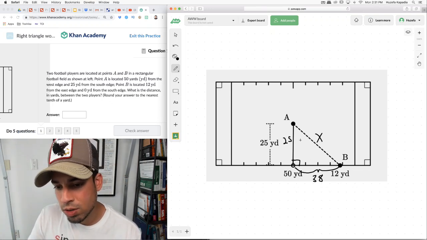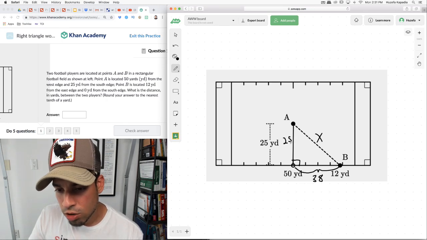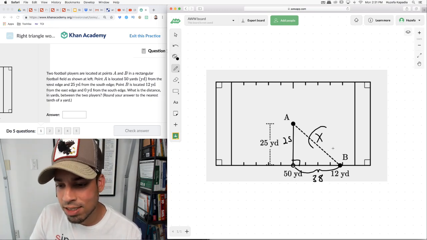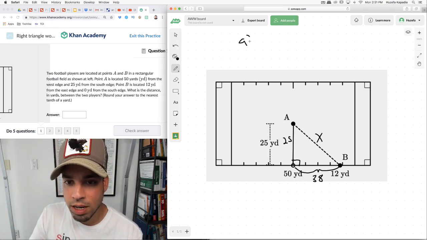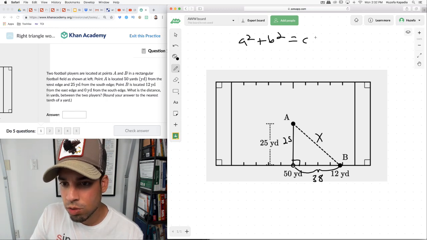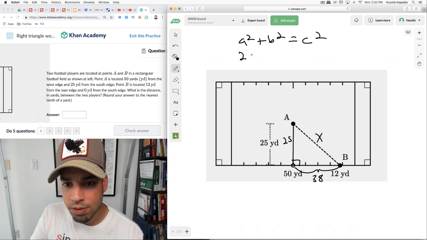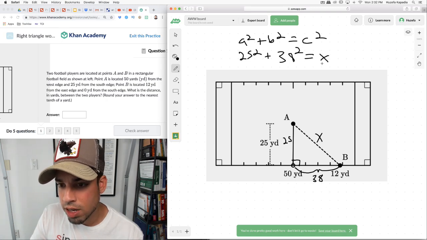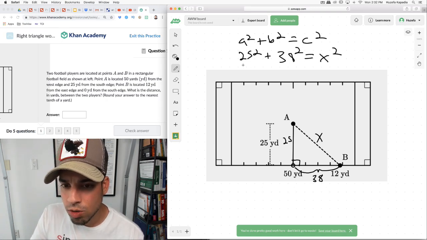So let's put it into Pythagorean's theorem. Let's call this A, this B, and it doesn't matter which is which, to be honest. What matters is that x is the c. So if we remember, it's a squared plus b squared equals c squared. So we've got 25 squared plus 38 squared equals x squared. So we can multiply this.